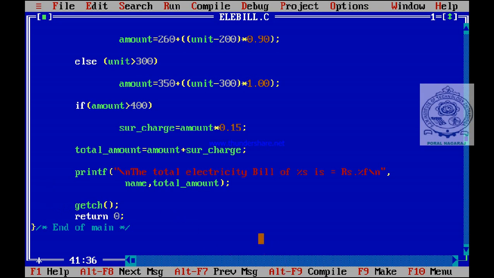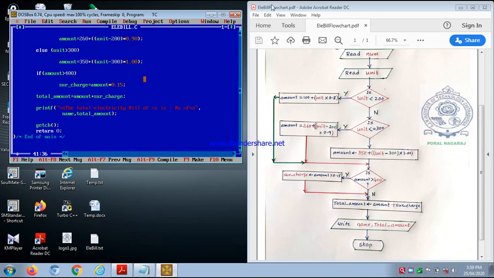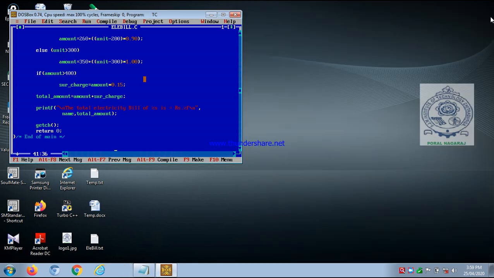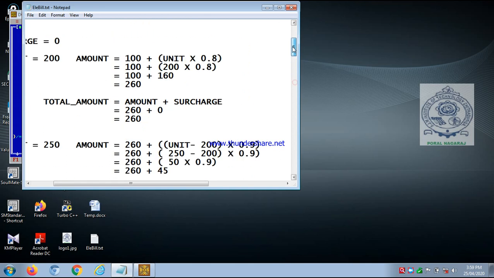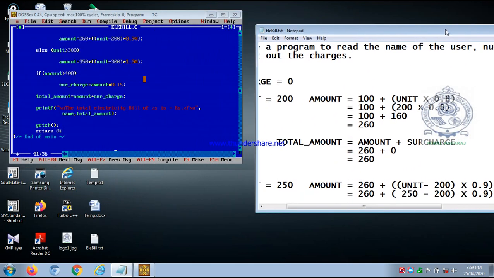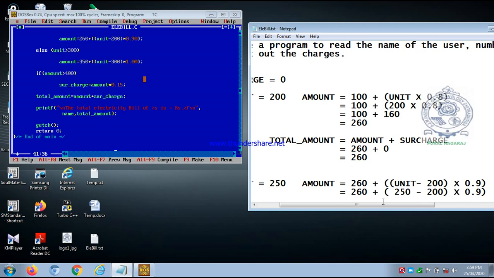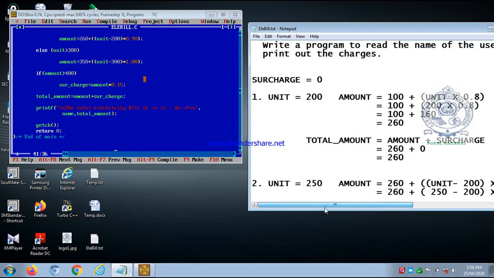So just see, run it. Before running it, let us see what the values are. What are the computed values?